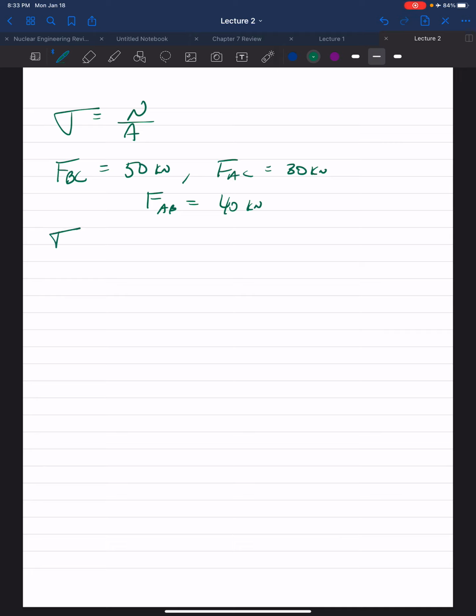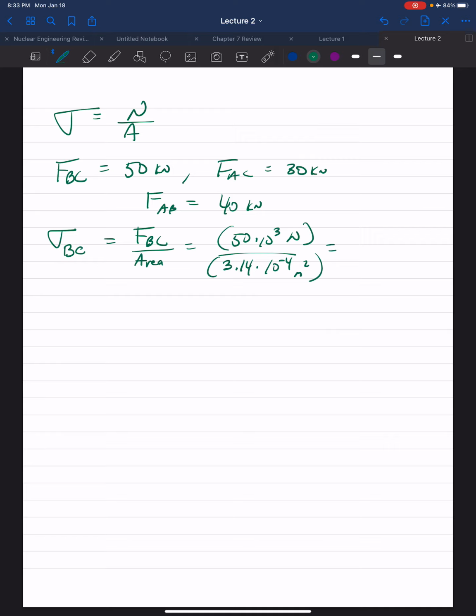So our average normal stress in the bar BC will be our FBC over the area. So it's 50 times 10 to the 3. Kilo means 10 to the 3 newtons over the 3.14 times 10 to the minus 4 meters squared.